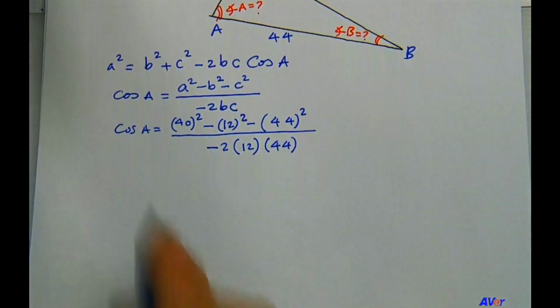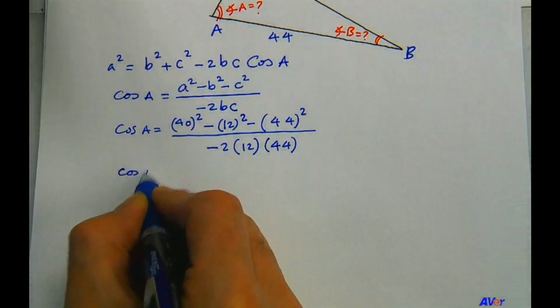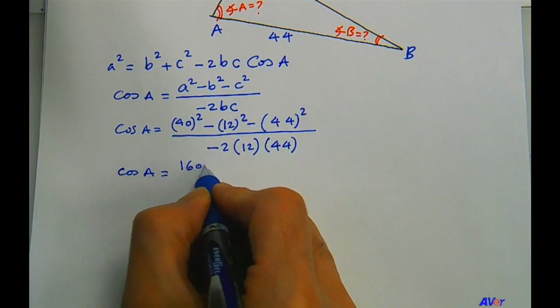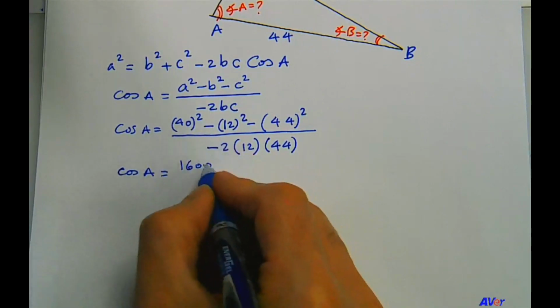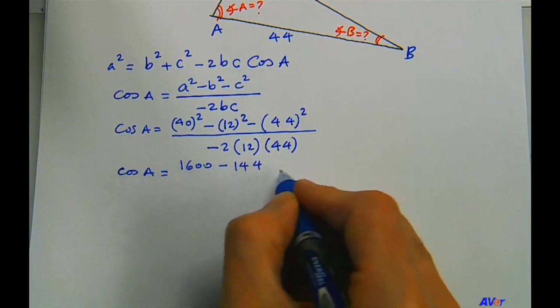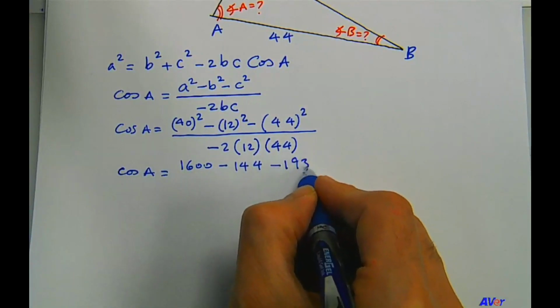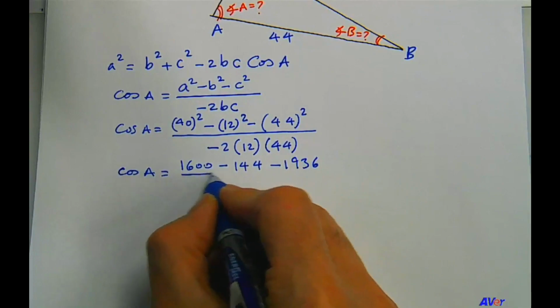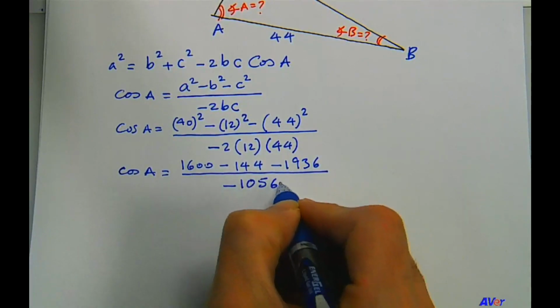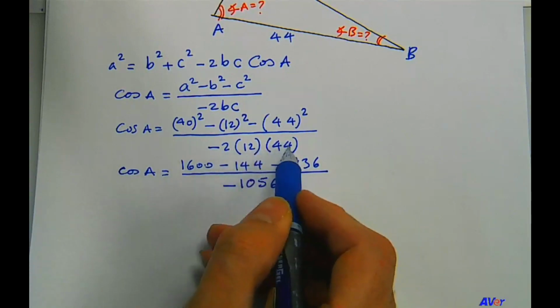Okay, so therefore cosine of A would be equal to 1600, that's 40 squared, minus 144, minus 1936, divided by minus 1056, which is minus 2 times 12 times 44.